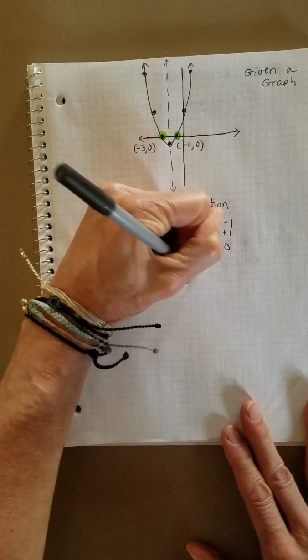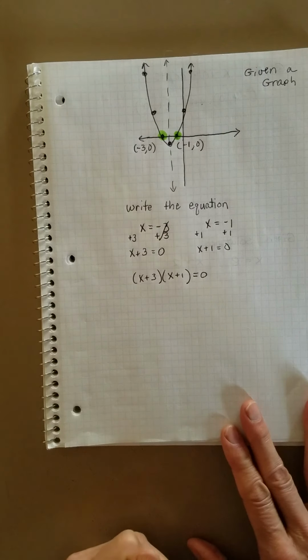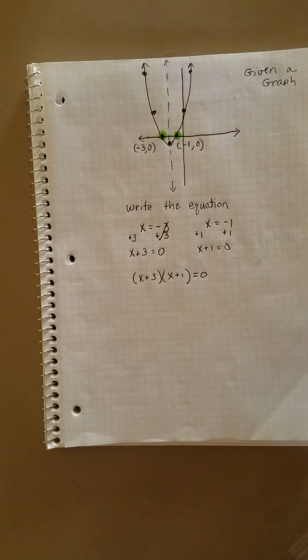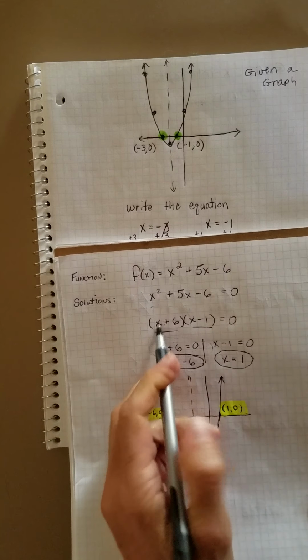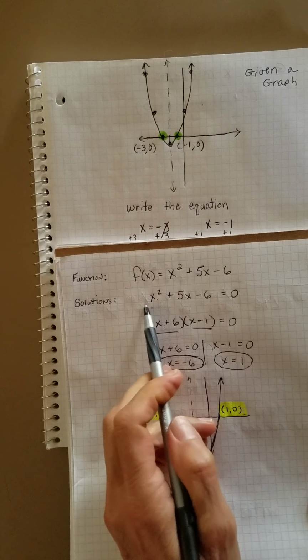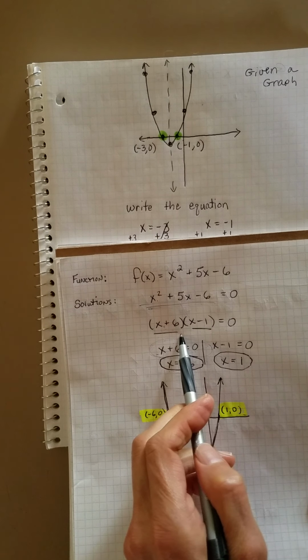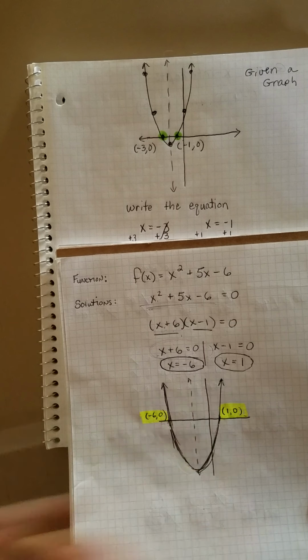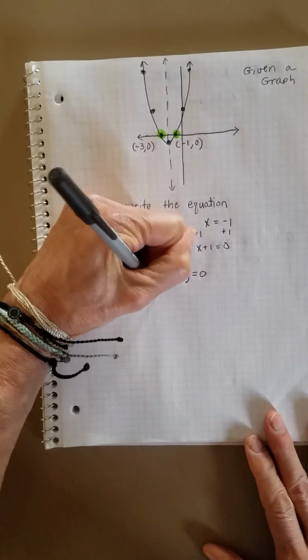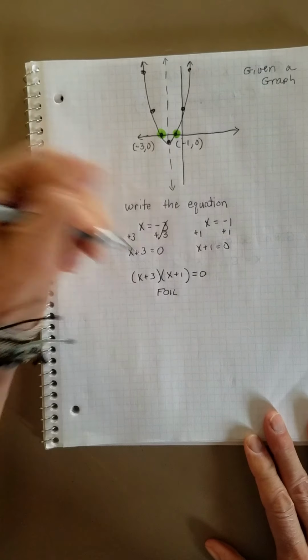Now let's set that equal to 0. Remember, I'm going in reverse here. How did I get from this equation to a factored equation? I factored it, so I have to unfactor it. What is unfactor? FOIL. I have to distribute.